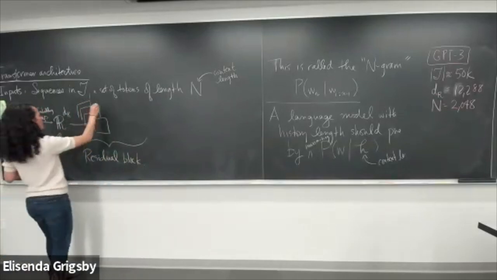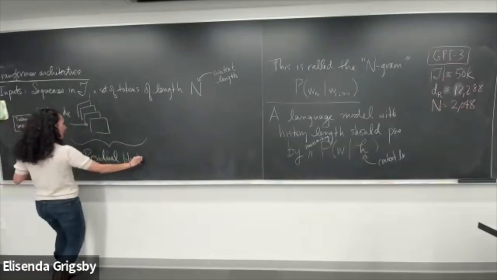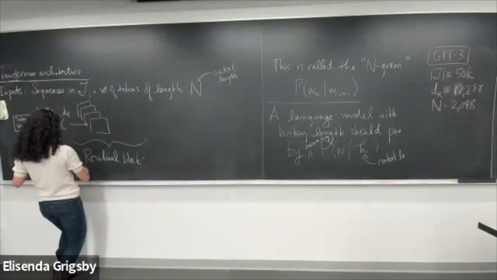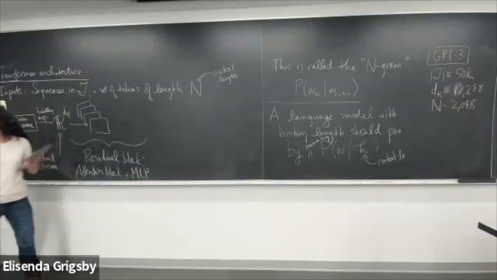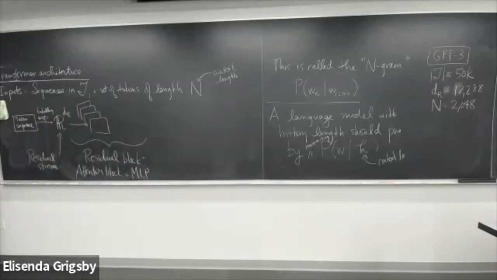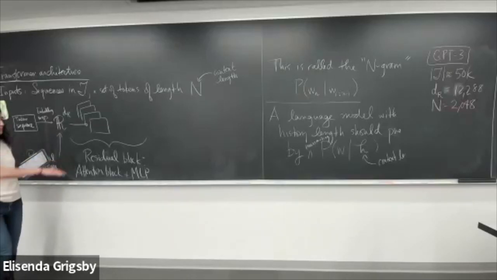So I'll describe those in a second. But a residual block is an attention block followed by what we've been talking about already for a long time in this class, basically a ReLU neural network, also called a multi-layer perceptron.